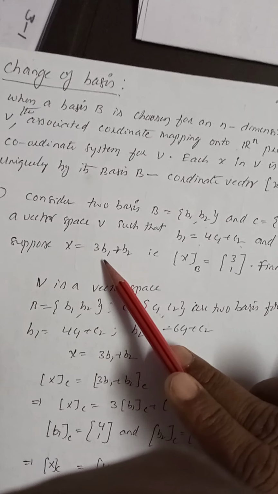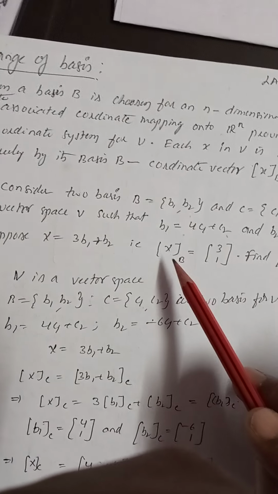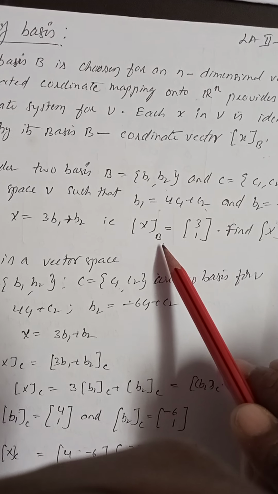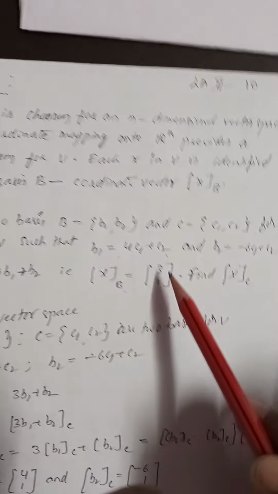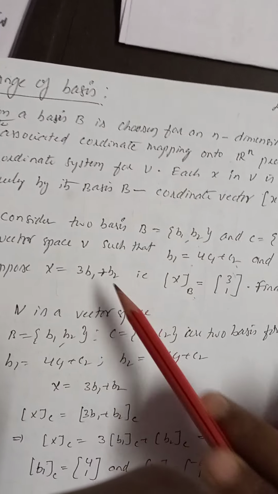Suppose x is equal to 3b1 plus b2. That is, the coordinate vector of x with respect to the basis B is the column 3, 1.